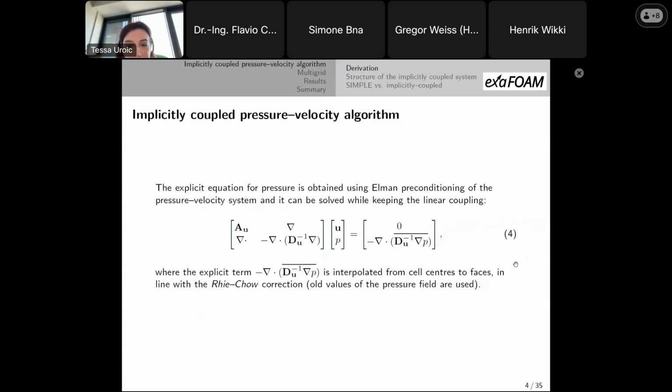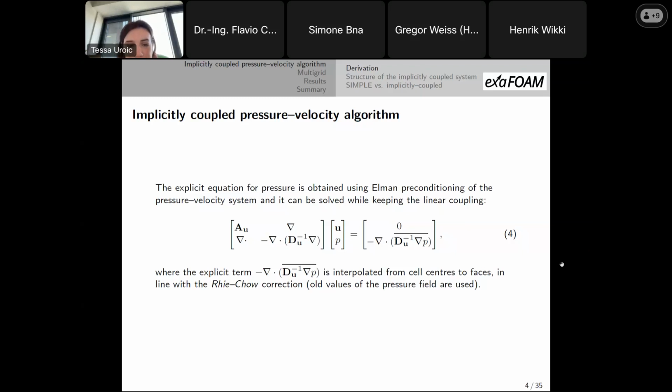And we get an animal, like Herb likes to call it, which looks quite daunting. So we have a very large block matrix where the discretization of the momentum equation is represented in the first row of the matrix, and the discretization of the continuity equation, now transformed into the pressure equation, very similar to the SIMPLE algorithm, is put into the second row of this matrix.